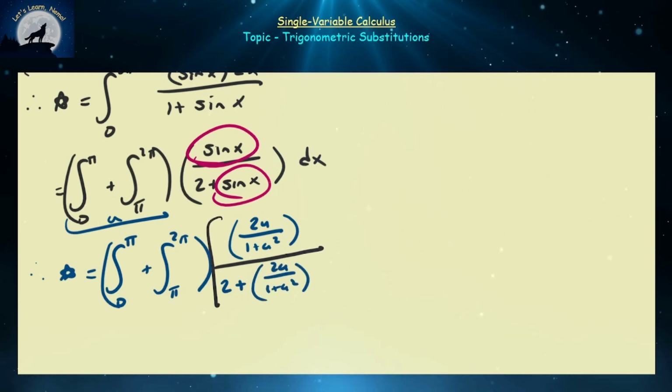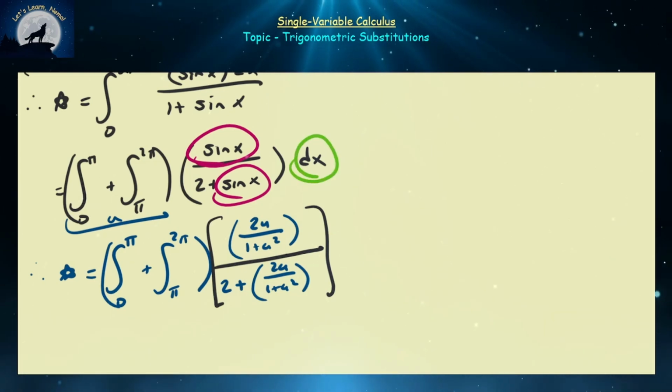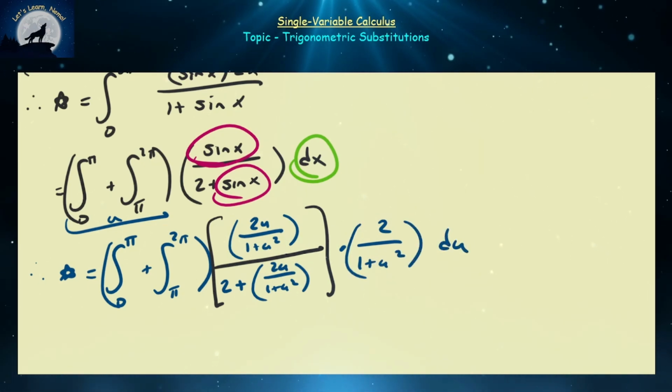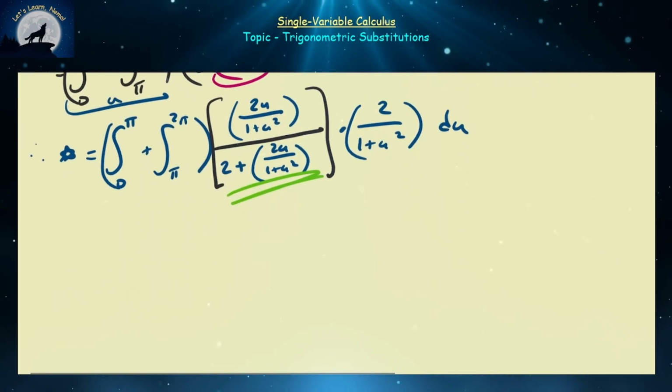So that's the interior. And then we need to rewrite our dx term. So what is dx? Well, dx is just going to be equal to 2 all over 1 plus u squared multiplied by du. Right? Now you have to do some algebra to clean this up, obviously, because that's just nasty to look at. Multiply top and bottom by 1 plus u squared, and then that'll clean things up quite a bit.